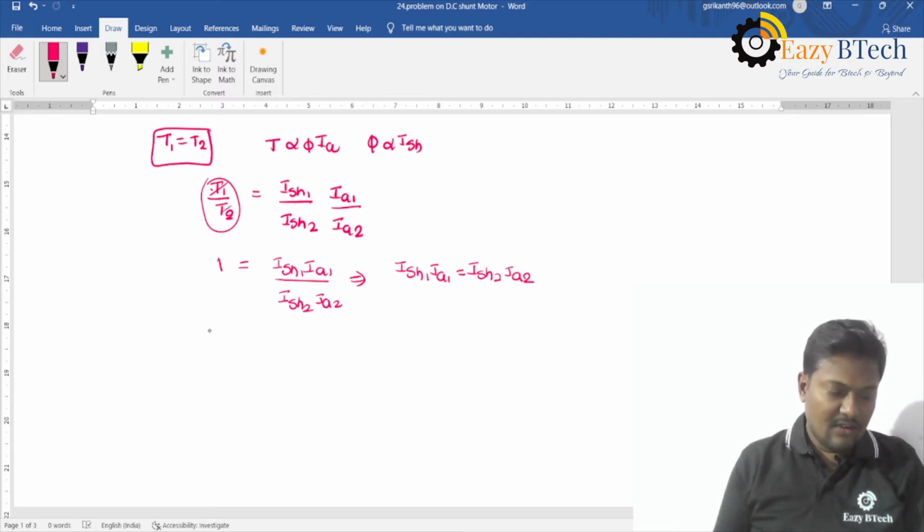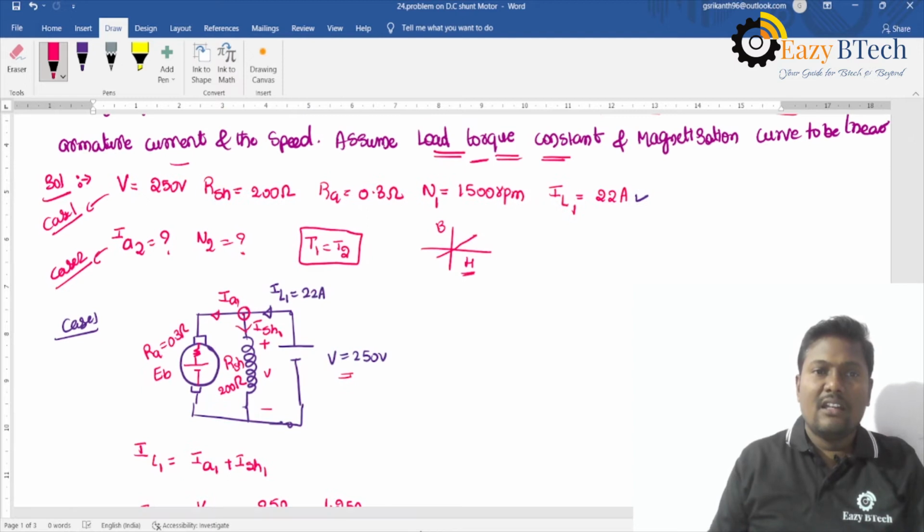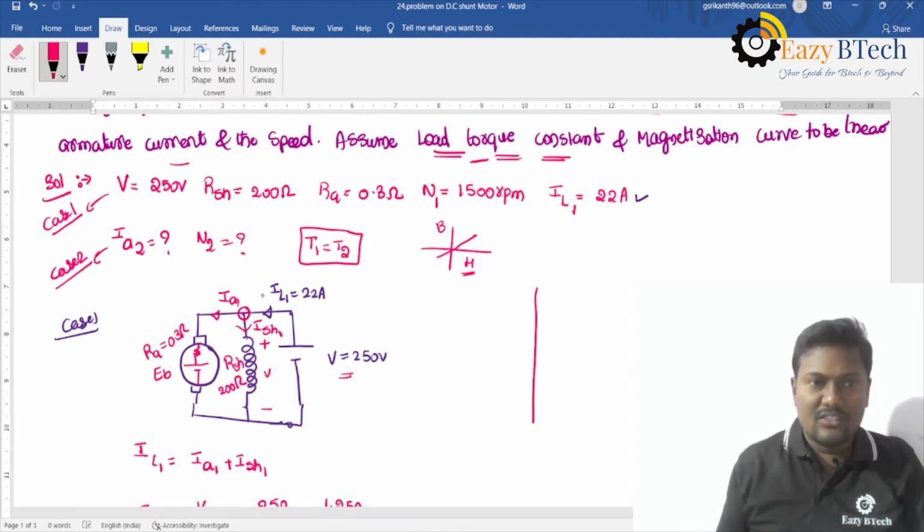Then after that, how can we calculate ISH2? This is the case 1 diagram, which is over. Coming to case 2, if you want to draw the diagram, this is the armature, and we are not changing the armature part.